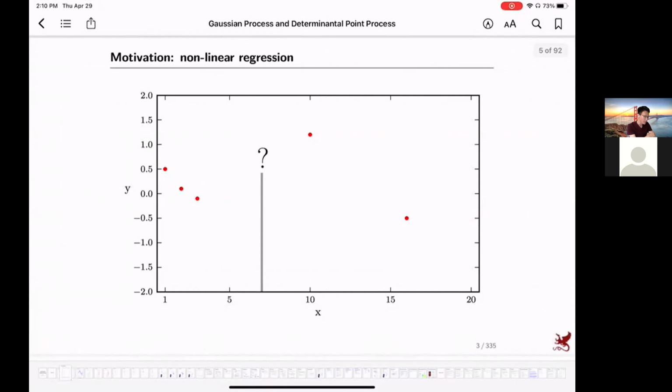This is a super simple problem. You probably have seen it in your first undergrad machine learning course. So maybe we can fit a linear model to this, which would just be a linear regression. But apparently, based on these 5 points, we can see the relationship is not that linear. So we may consider something a little more complicated, like a nonlinear regression.